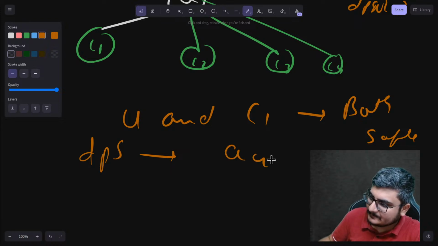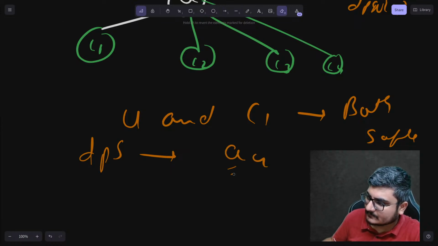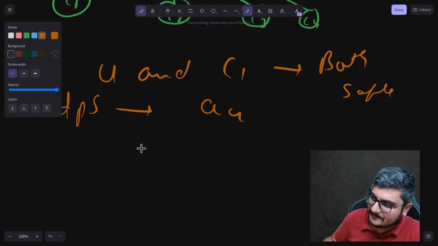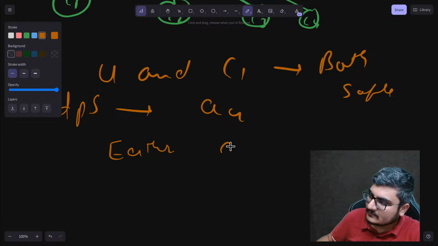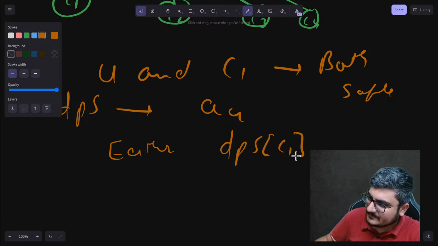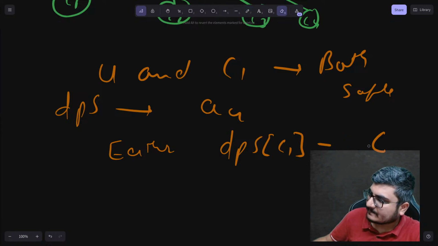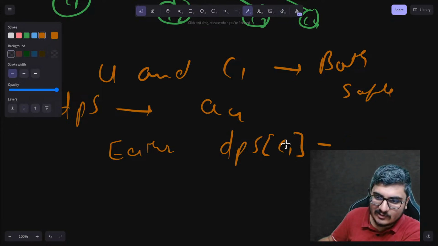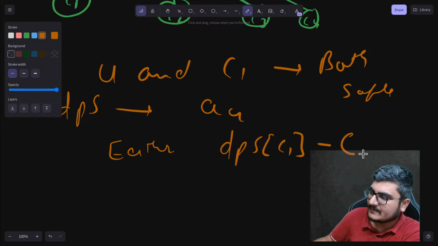AU will be taken, and then for each child either add DP safe C1 and then subtract 2 times C1. Because whenever C1 is safe, you are taking the gold in C's place. So to make U safe, you will have to subtract C again.